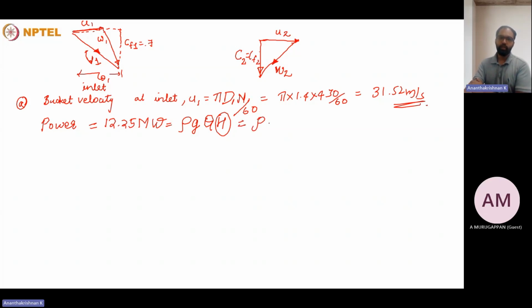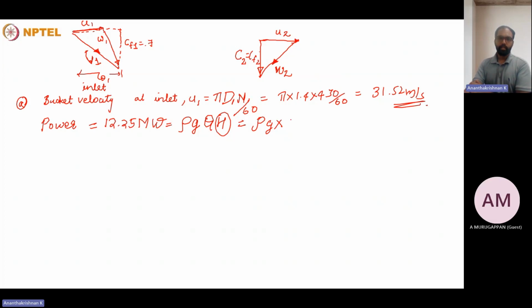So this will be equal to rho g, the discharge is given as 12 meter cube per second. The flow through the turbine is given as 12 meter cube per second at a net head of 115 meters.